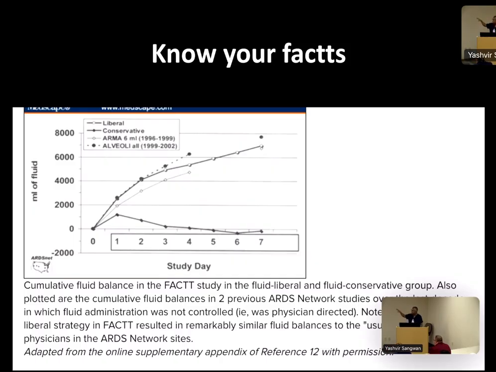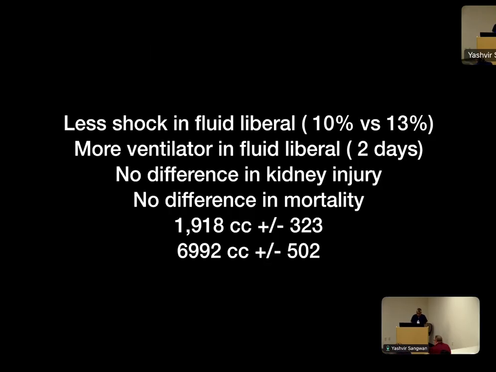Okay, but this is all how it started, the conservative fluid movement. Yes, in the fluid liberal arm, which got about 7 liters, there was less shock. So if you are fluid liberal, you will realize you use less Levophed for less time. So your patients might go out of the ICU earlier.